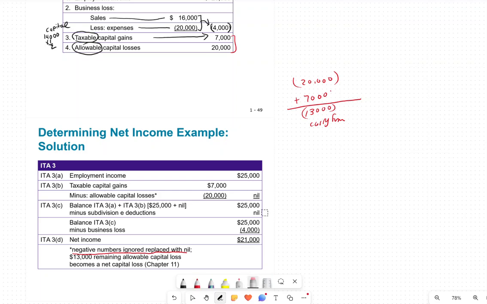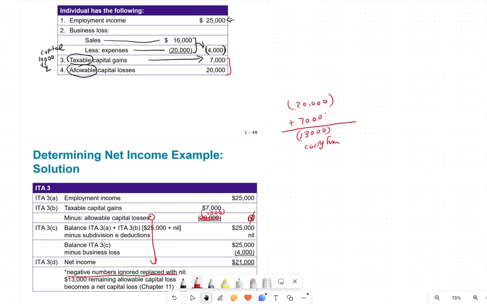We will not pay any taxes on the capital gain, because we are deducting the $7,000, and that becomes the nil amount, so we don't pay any taxes. So the other $13,000 is carried forward.